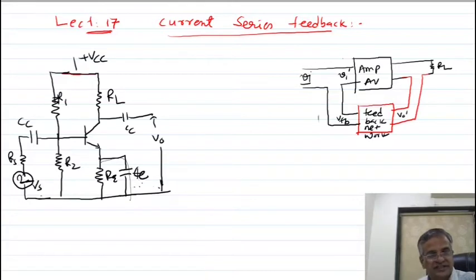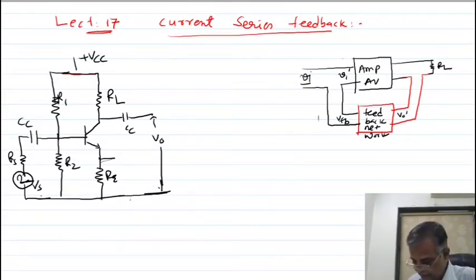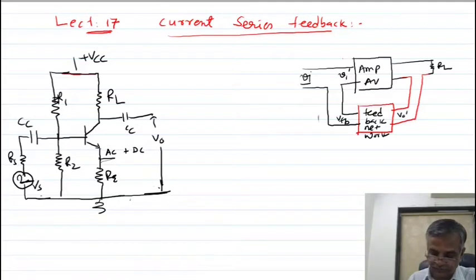Suppose C is disconnected, then what will happen? Look here. At this point, AC voltage and DC voltage both are developed.